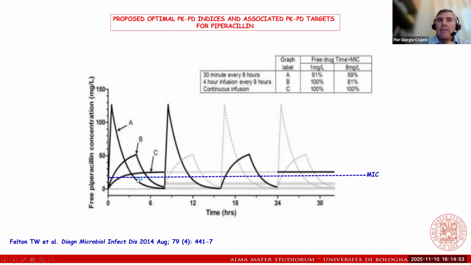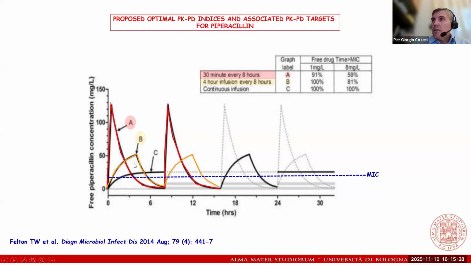If we imagine that this dashed line here is the MIC of the pathogen and drug concentration should be above this MIC threshold, you can see that by administering the same dose of the same antibiotic by intermittent infusion, you have a time during the interval where concentration falls below this level. And so here, for half the dosing interval, the antibiotic is ineffective.